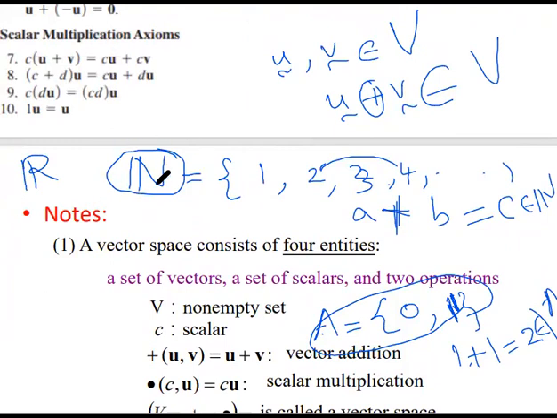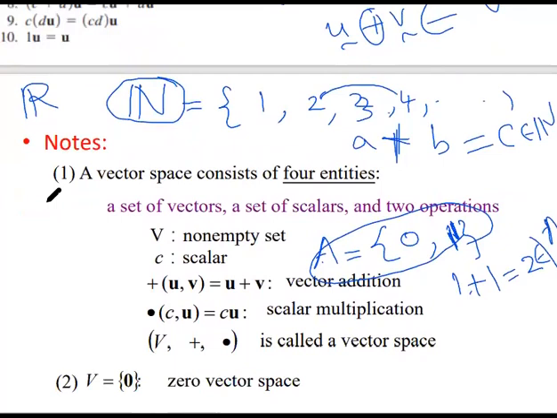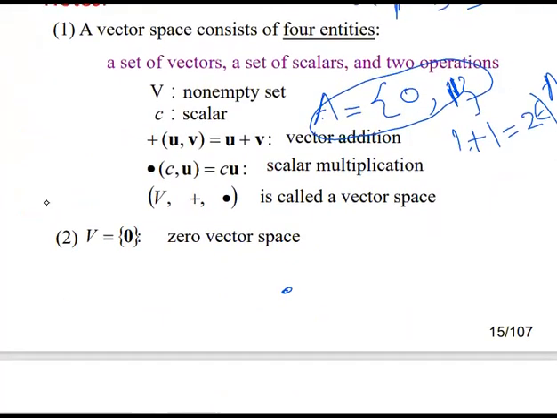We know that this one is closed under addition. Let's check whether this one is closed under scalar multiplication over R. When you multiply an element in R with an element in the natural numbers, we want to get that element in the set.